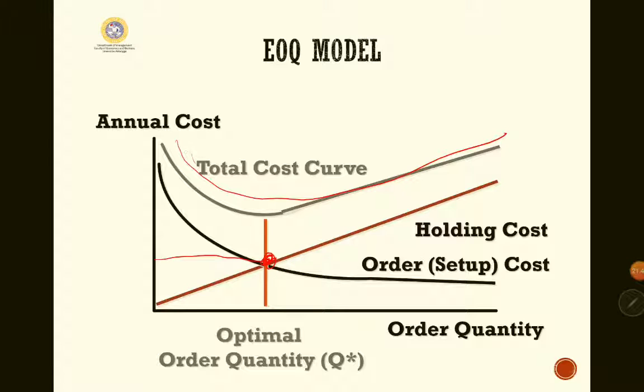It will diminish, it will decrease at some point, and the marginal cost will increase at some point. So we need to know our minimum, our optimal, and we have this. So that's the optimal order quantity that we learned today.